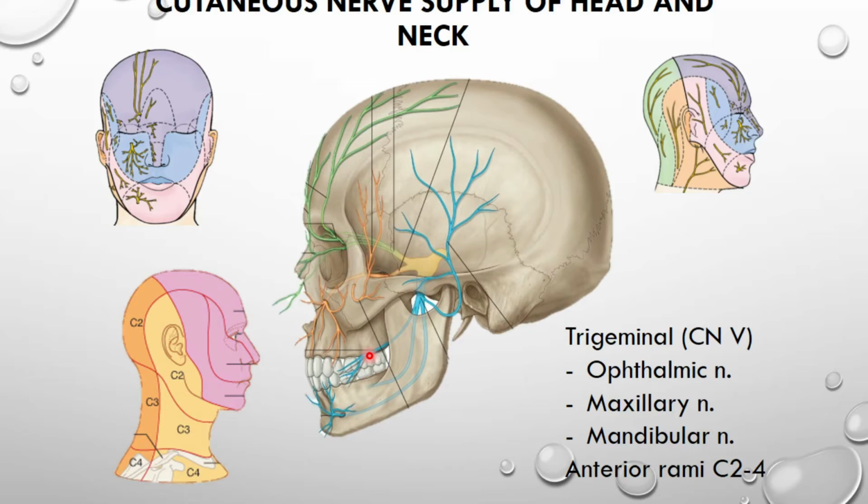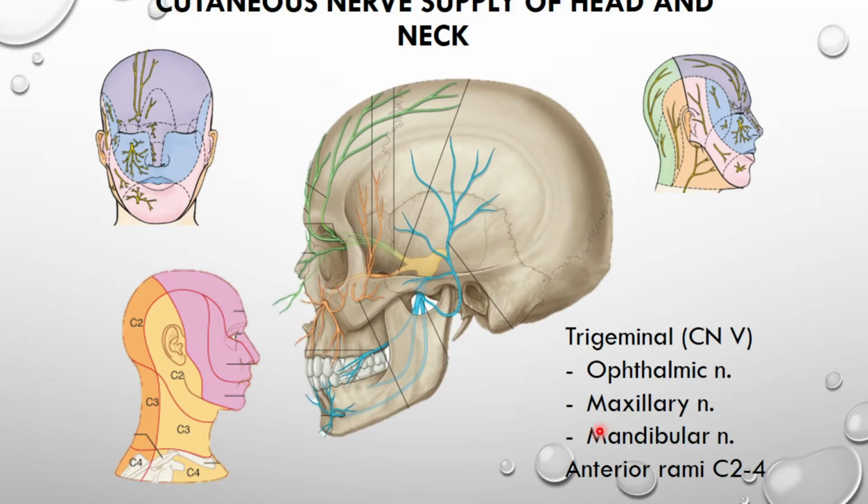There are 3 divisions of the trigeminal nerve, and those are the ophthalmic, the maxillary, and the mandibular division. And if you remember, the mandibular division also has a motor function because it's the nerve that supplies your muscles of mastication, but it also has a very important sensory component as well.